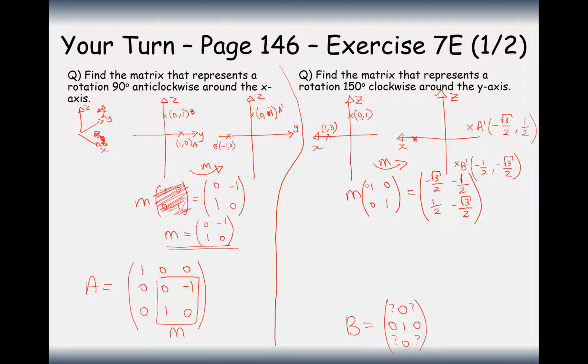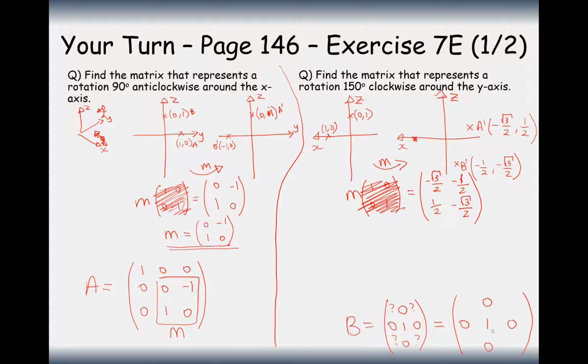Okay, and given that we're just timesing by the identity here, we can just scribble this out. So our transformation matrix M is this value here. Okay, these are our 4 cells that will rotate 150 degrees around the XZ dimensions. So now all we need to do is fill in the zeros and ones first.